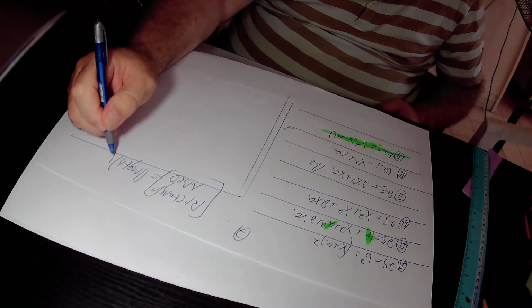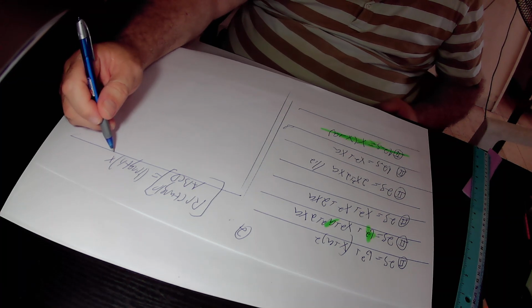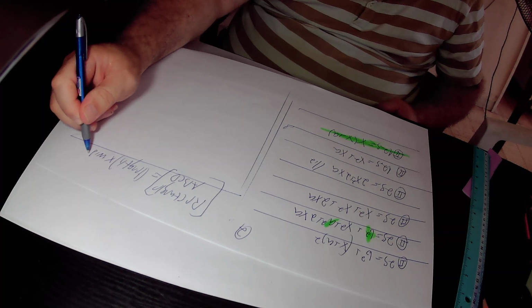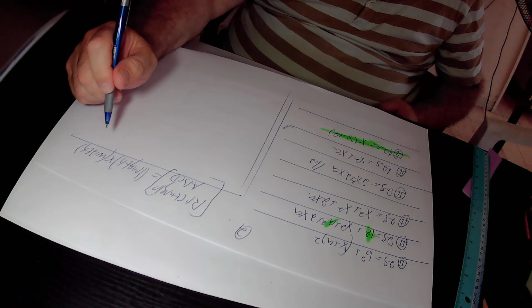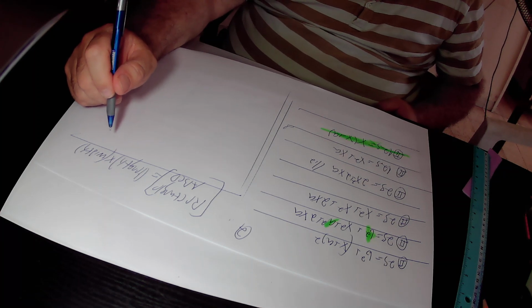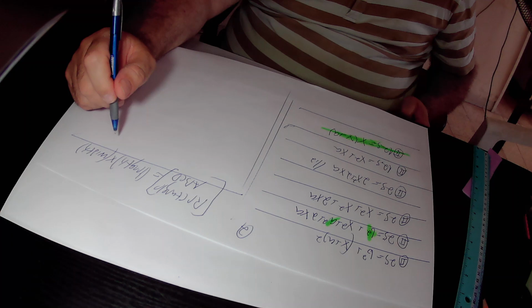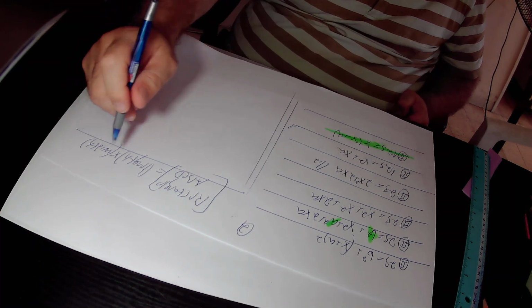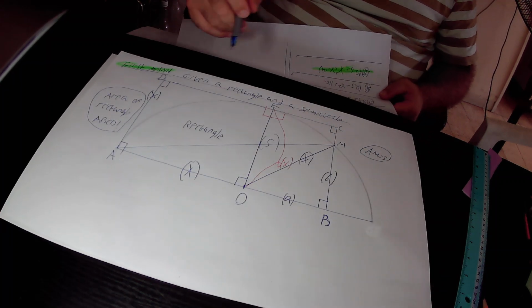It is true in any rectangle, especially in rectangle ABCD. Therefore, the area of rectangle ABCD must be equal to the length of the rectangle times the width.